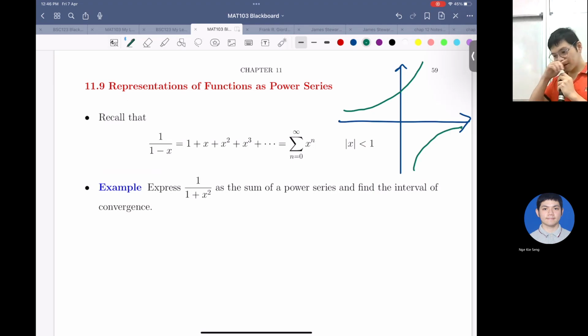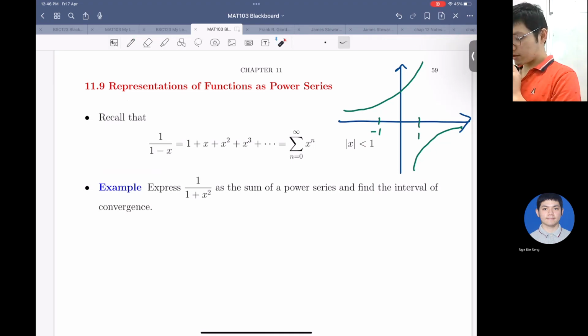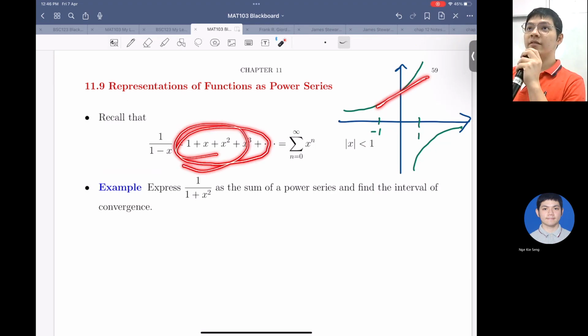So this means that when x is around 1 and minus 1, so maybe around here, the graph can be approximated by this curve.